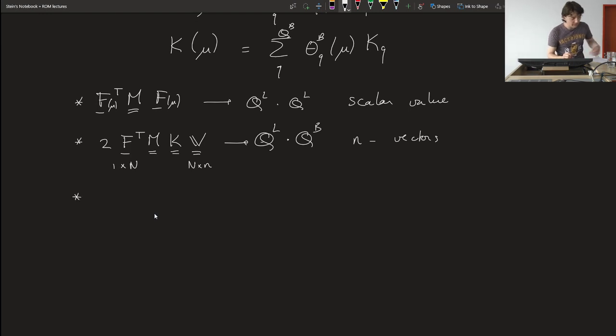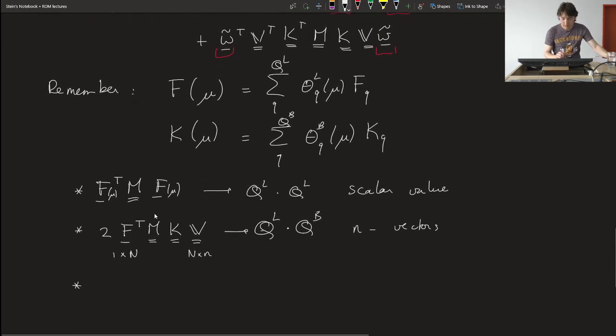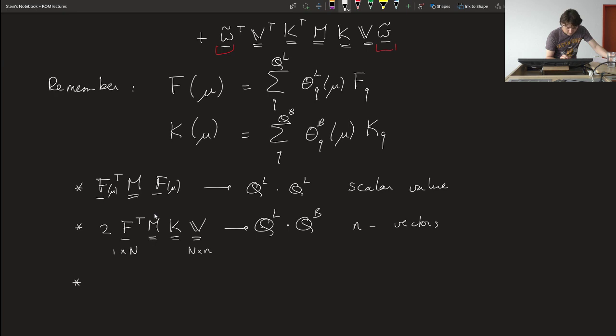And lastly, I get V transpose K M K V. Again, just to be clear, this is parameter dependent, this is parameter dependent. So how many components am I getting from that in my pre-computation?